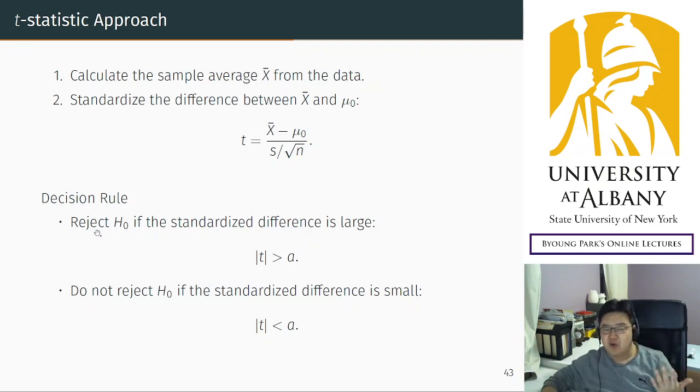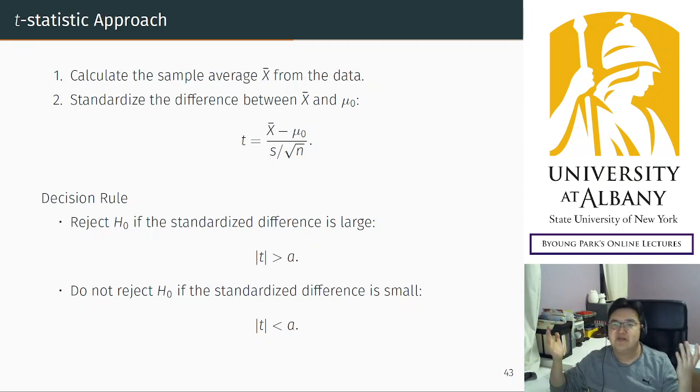So I will consider a decision rule like this. We are going to reject our hypothesis if the absolute value of the difference is greater than a cutoff A. A is a cutoff to be determined. If the standardized difference is larger than that point, then we are going to reject.